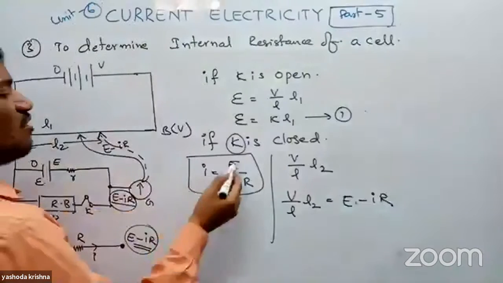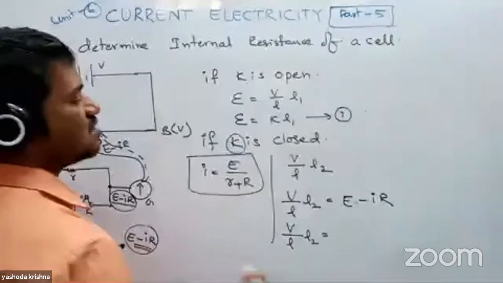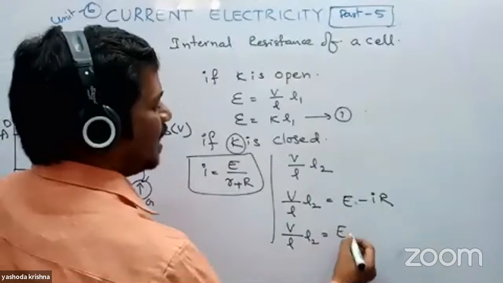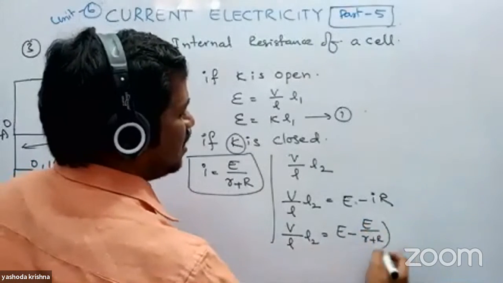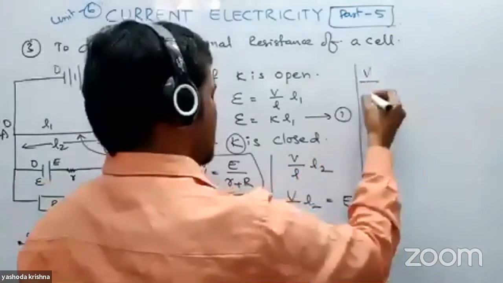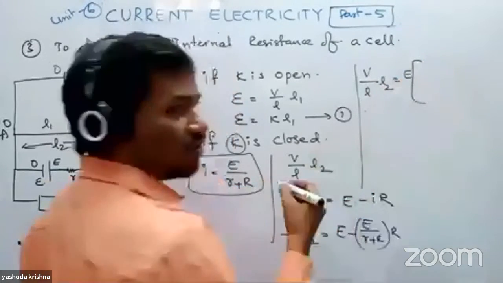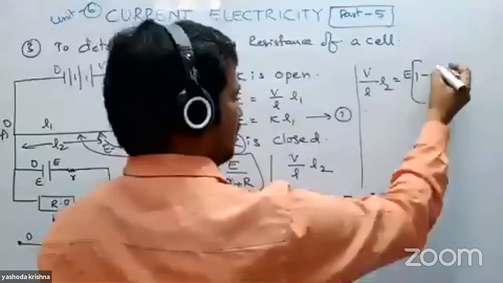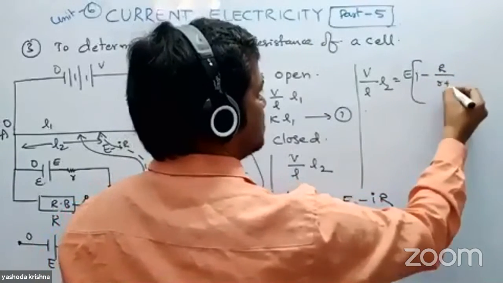Here I is equal to E by R plus r. Substitute this value in the equation: V by L into L2 is equal to E minus E by R plus r into r. Taking E common, it is E times 1 minus r by R plus r.